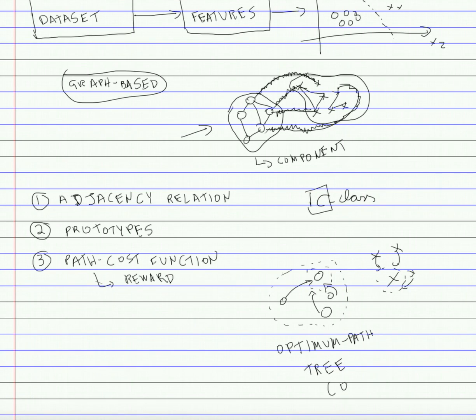And each optimum path tree, each OPT, is going to be rooted at each prototype, right? Basically each partition of the graph is going to be an optimum path tree, and the collection of optimum path trees gives the name of the classifier. That's called Optimum-Path Forest. It comes from graph theory.